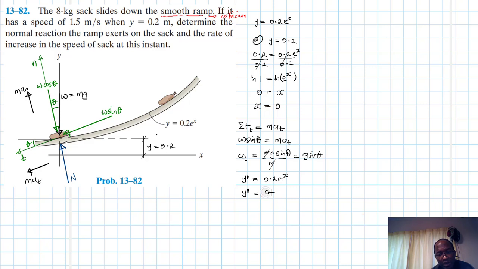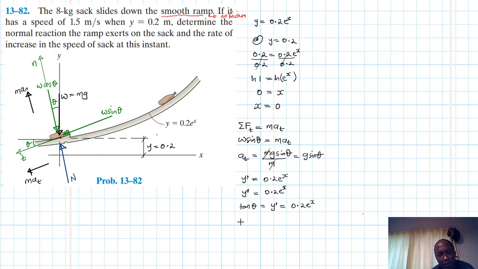This still remains 0.2 e to the x. There's no change. So we'll say tan theta is equal to y prime, which is equal to 0.2 e to the x.